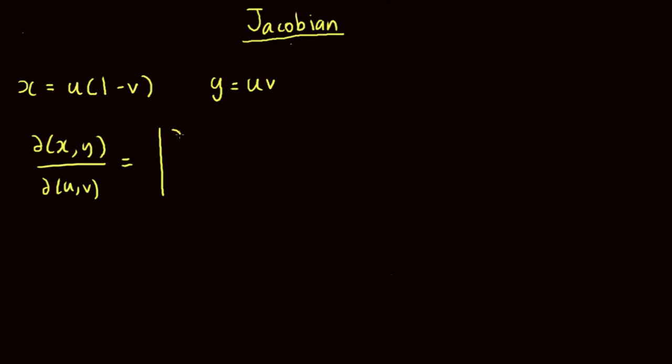It's just xu, xv, yu, yv. Find the Jacobian of that. So xu is how much? Sorry, my bad, it's supposed to be... Okay. xu would be just 1 minus v.